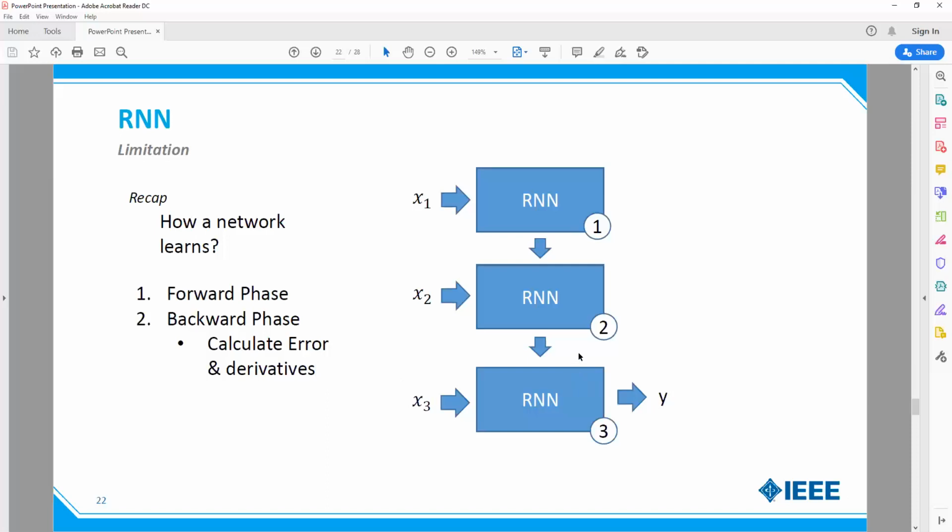So in this example, if we were to try to find out how this RNN at the first instance affected the error of the output, it would try to calculate the partial derivative between the instance of this first RNN to the output of this second RNN, and multiply that by the partial derivative of how 3 was influenced by 2, and vice versa.